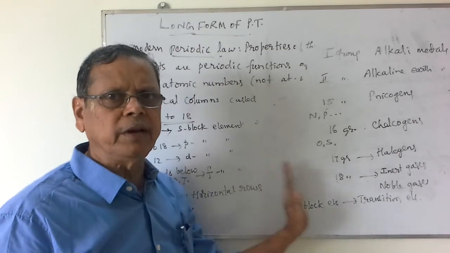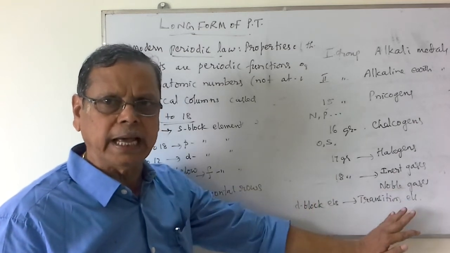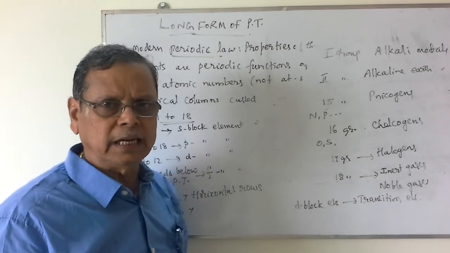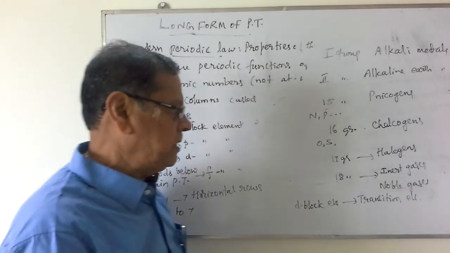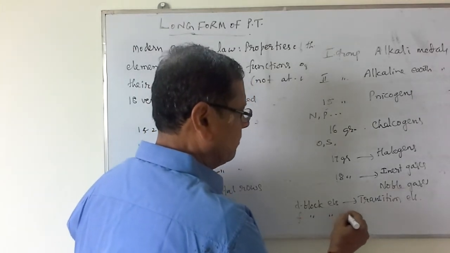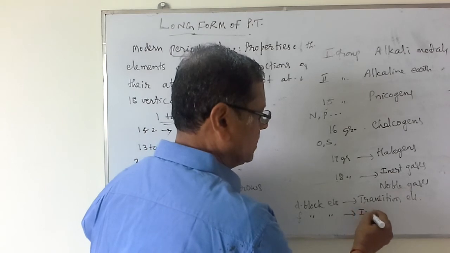So there is a gradual variation from metallic to non-metallic character. Some are amphiprotic in nature also, for example zinc, etc. So they are named the transition elements. Then F block elements are named the inner transition elements.